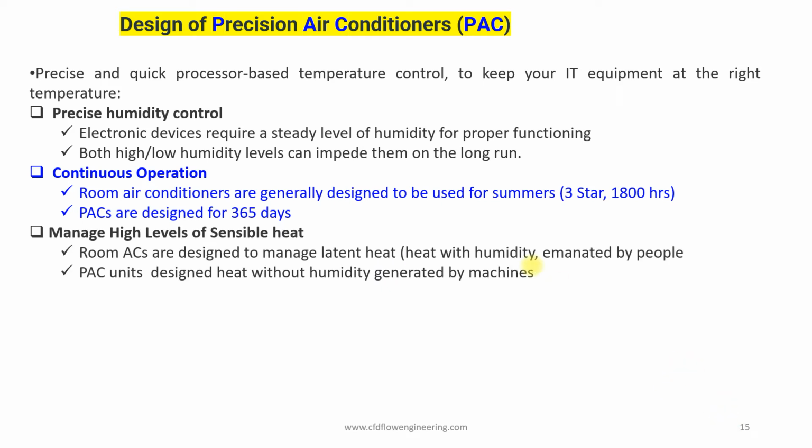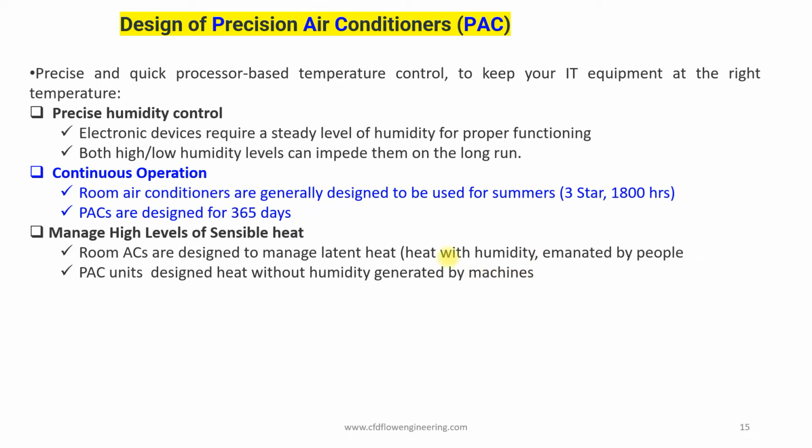A PAC unit must be able to manage a high level of sensible heat, because room ACs are designed to manage both latent heat and sensible heat emanated from people, because people are a major heat load. But a PAC unit is designed to handle both humidity and sensible heat.